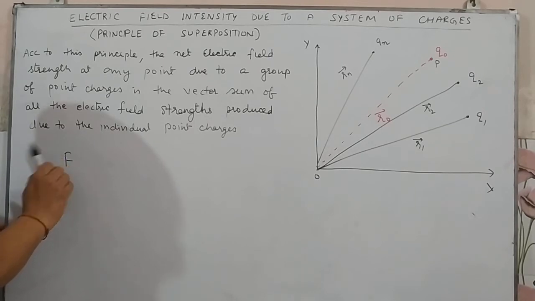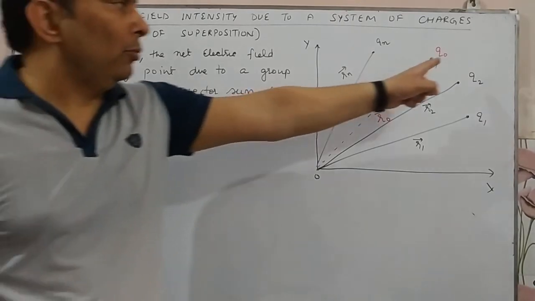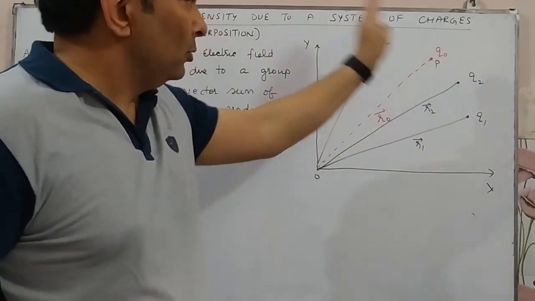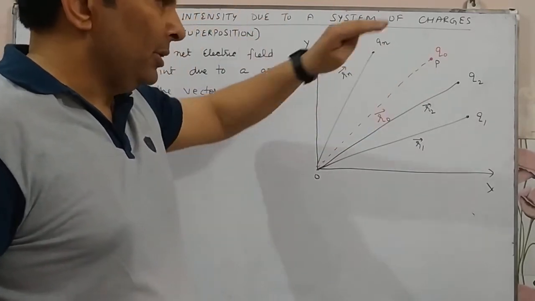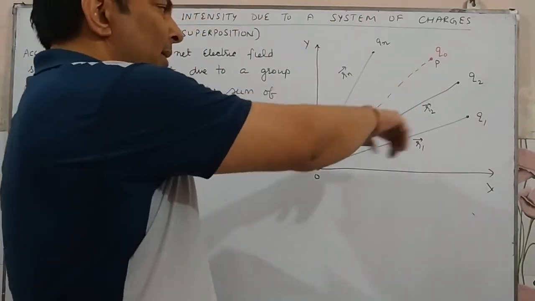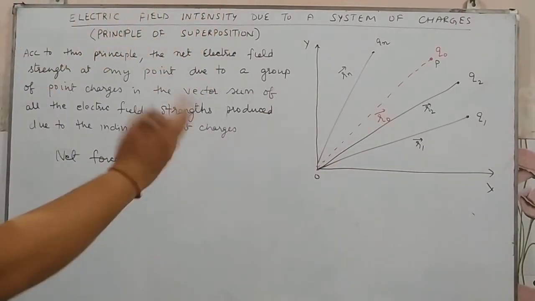The net force on Q naught, because the system has so many charges from Q1, Q2, Q3 to Qn. We are starting from the same term. The same diagram we have seen in the superposition principle due to electric forces. So there I picked the result.